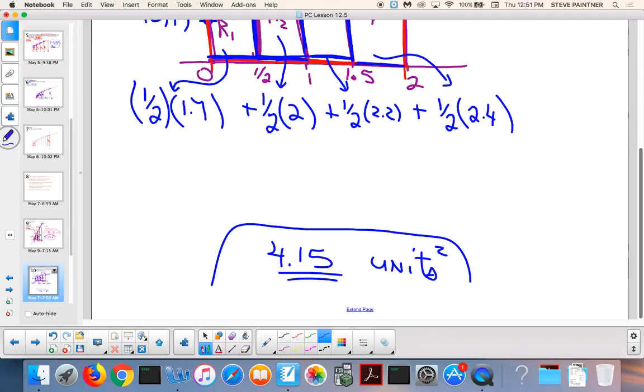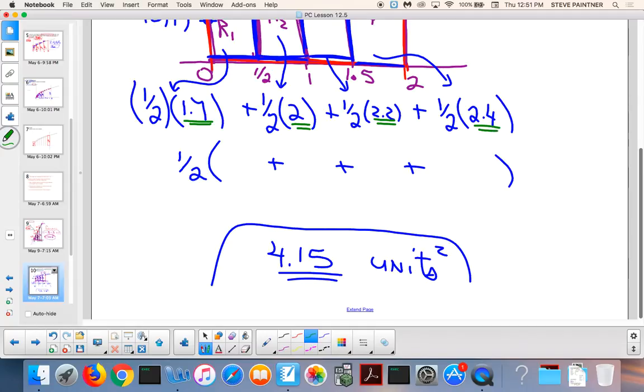Hey guys, take a peek. Look at this. Could you have done this with your calculator? You see every one of these multiplication problems? They all have 1/2 in them. Could you have factored out the 1/2? Could you have just done this? And then these spots, you'd have 1.7 plus 2 plus this plus this.